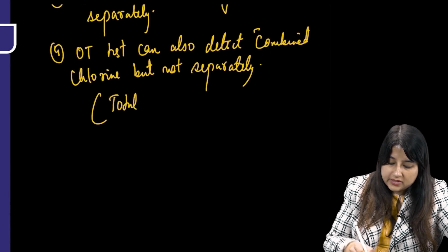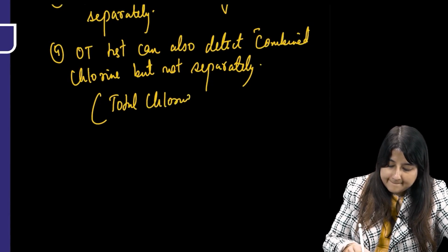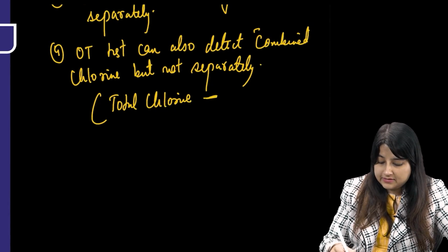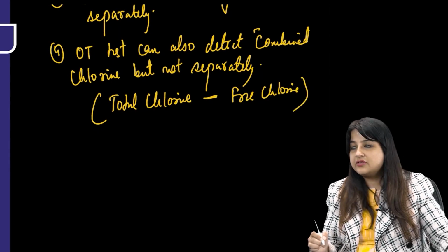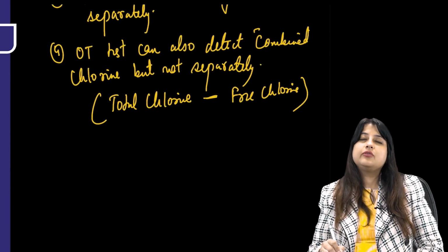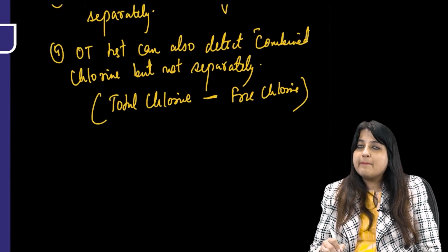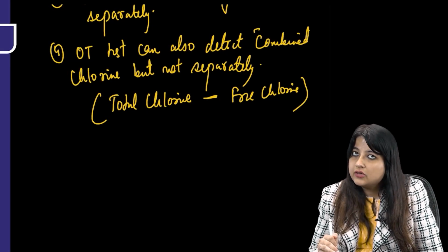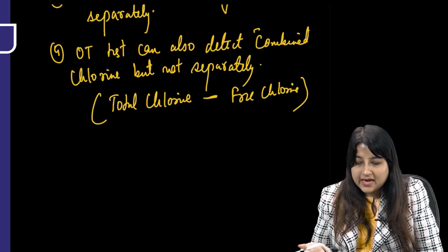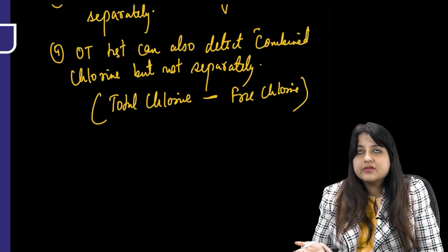It is total chlorine minus free chlorine. You just read the total dose of chlorine added to water to disinfect is combined plus free chlorine. Okay, so you already can calculate free chlorine from OT test. So combined would become total minus free chlorine.